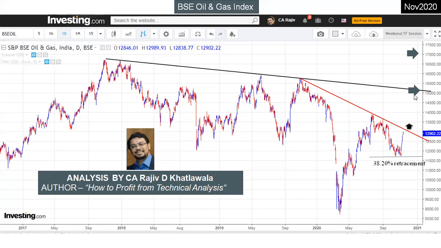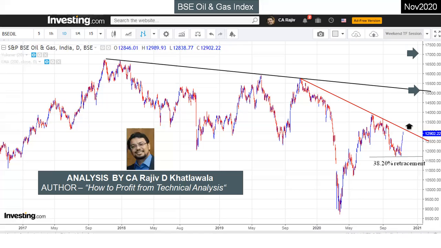The first level would be the base trend line, that is the resistance line which we had drawn nearer to 15,000, and subsequently we can target 17,000 in a subsequent movement.